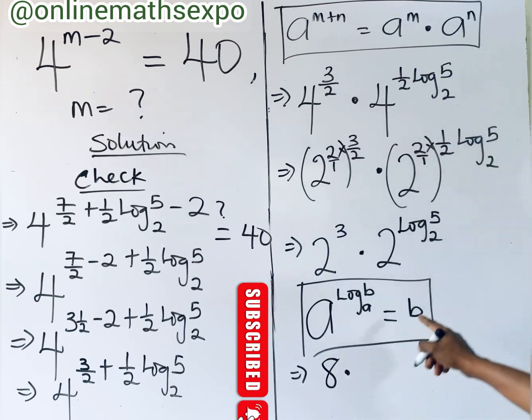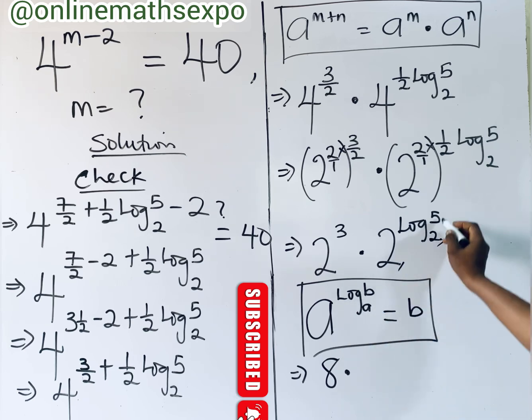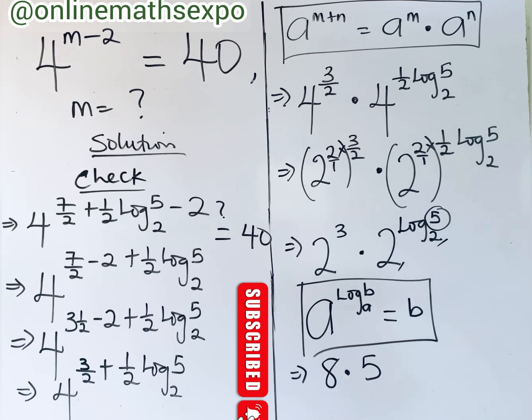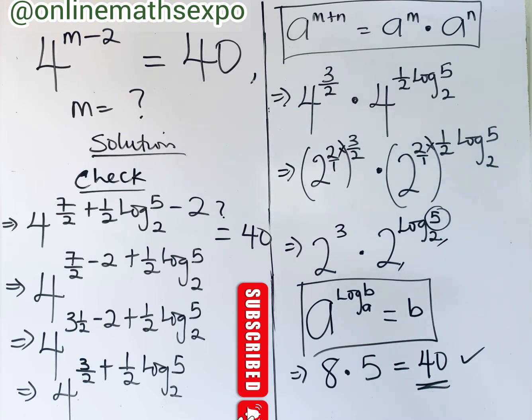So 8 is to be multiplied by, you observe that these two are the same, obeying this, so this will give us 5. So we have 8 multiplied by 5, and when you multiply 8 by 5, it gives you 40, and that is what we have at the right side of the equation.